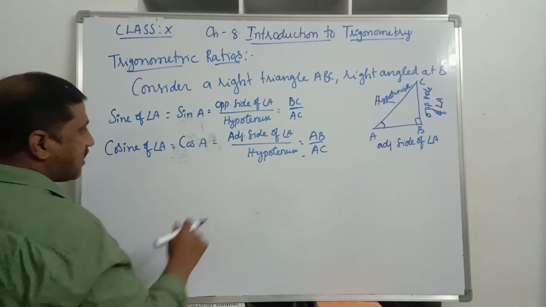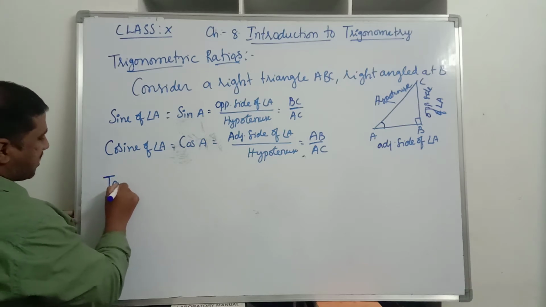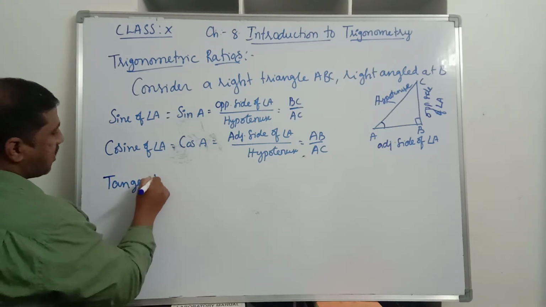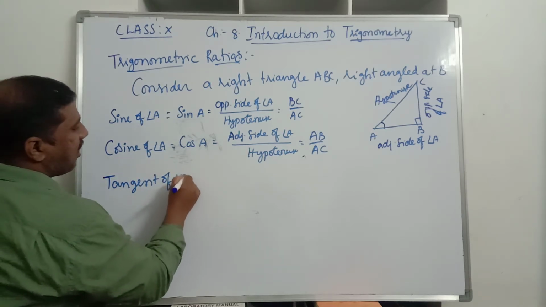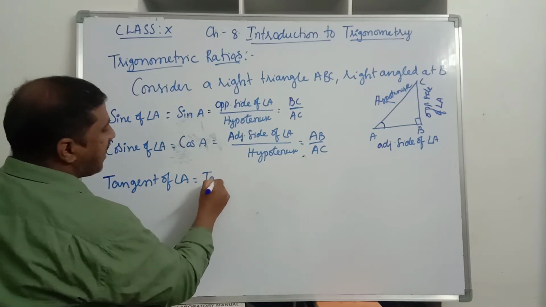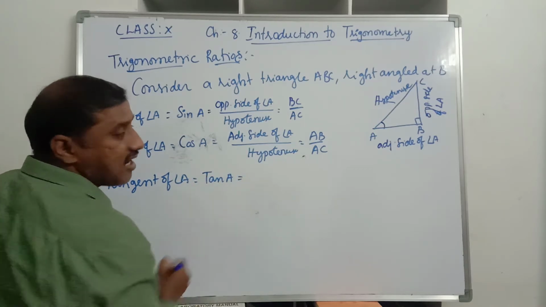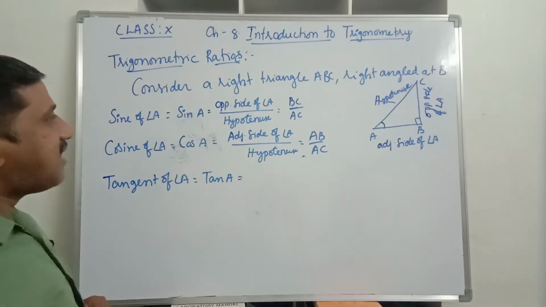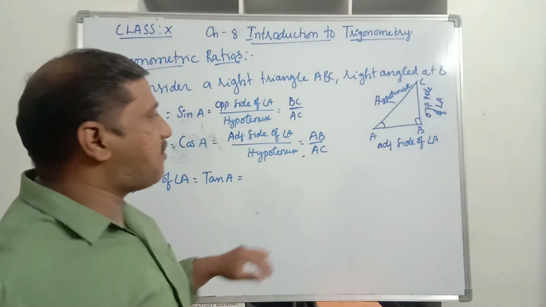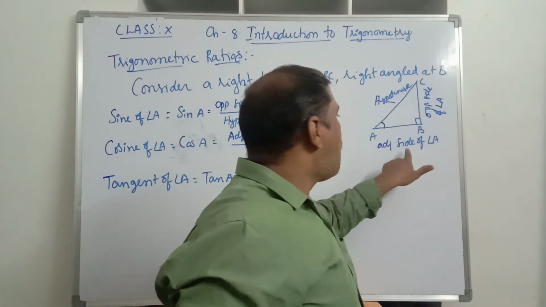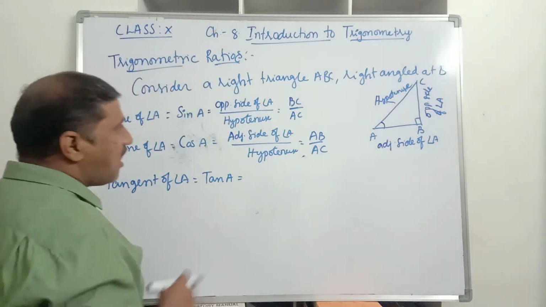Now the third ratio is the tangent ratio. Tangent of angle A is written in short form as tan A. Tan A is the relationship between the opposite side and the adjacent side.